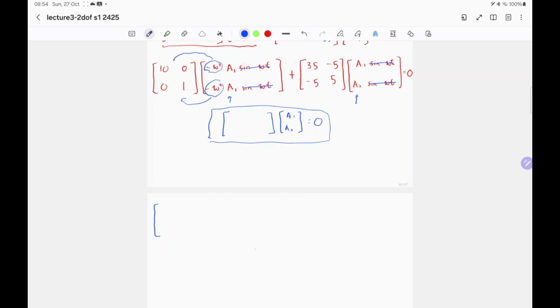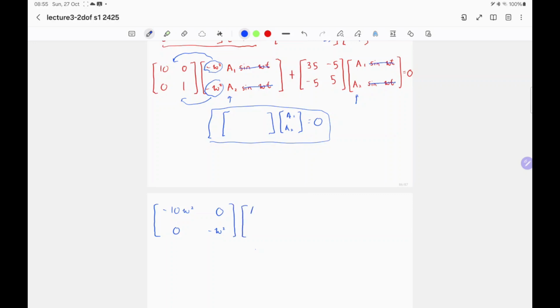If I move this to the left hand side, it will become negative 10 omega squared, and then the second one will become 0 because 0 multiplied with negative omega squared is 0. So 0 and negative omega squared.